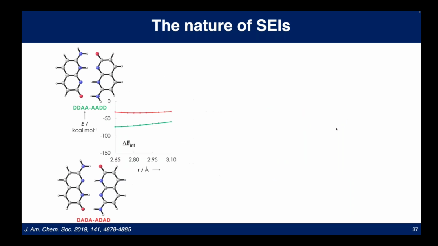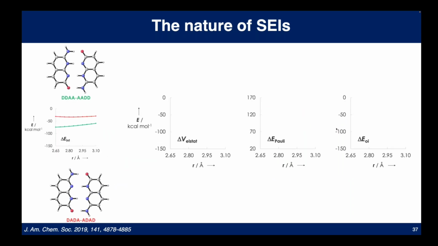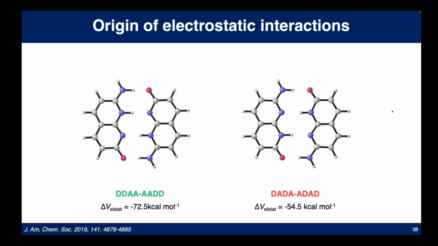Then you can verify which term is the most important one. The electrostatic interaction shows us that the DDAA has a stronger electrostatic interaction. We see also that the Pauli repulsion is not different, so this one does not explain the difference in energy. And the orbital interaction is also larger for the DDAA. So now we go to the explanation of this.